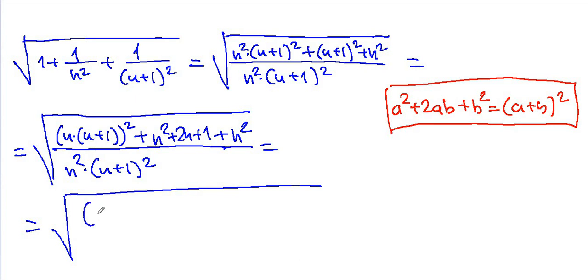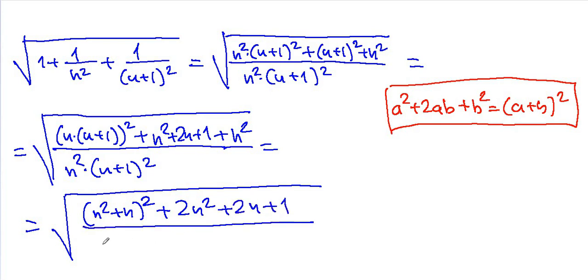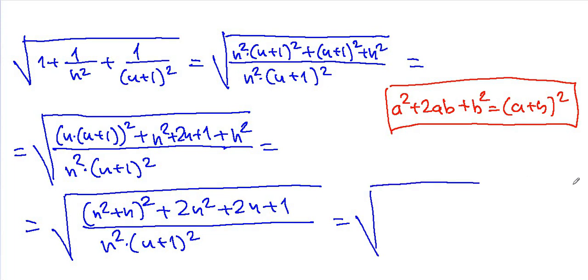So the first expression can be written as n squared plus n to the power of 2 and plus n squared plus n squared is 2n squared and plus 2n plus 1, and the denominator is simply n squared times n plus 1 to the power of 2.